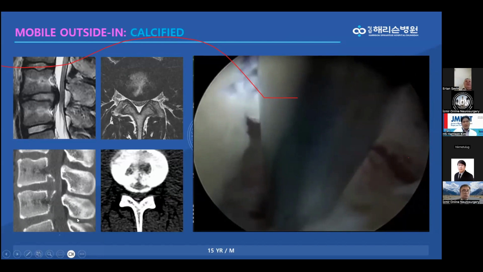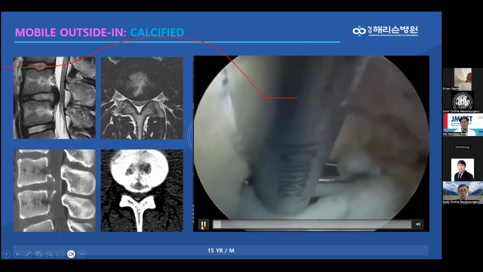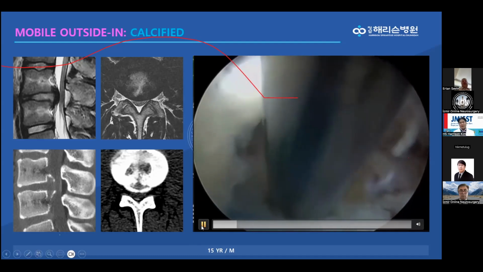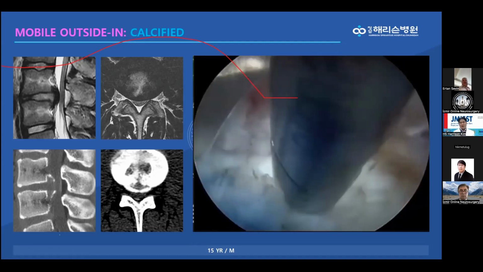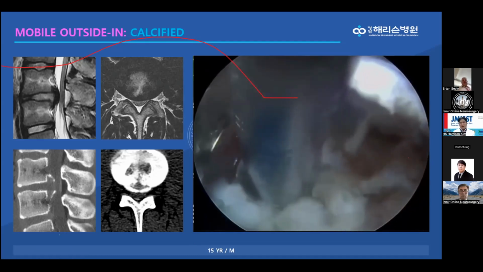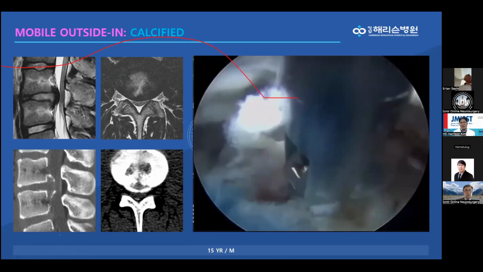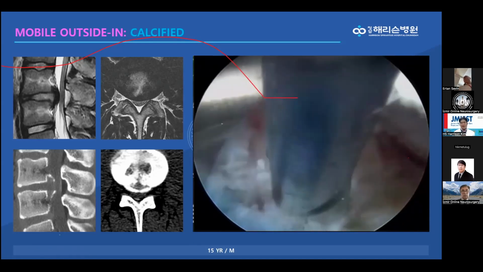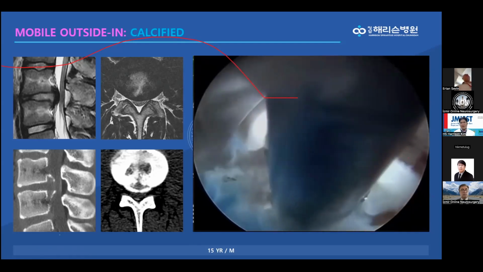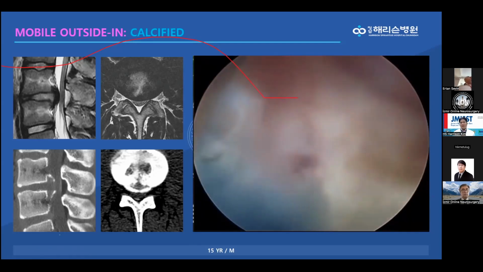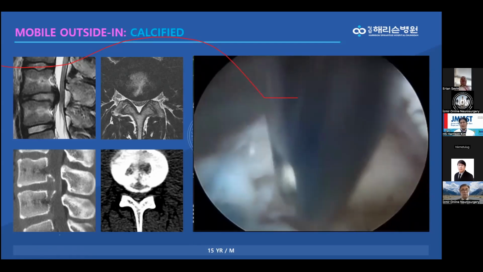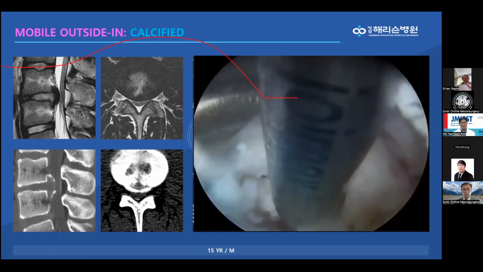But this patient is only 15 years old. If it is possible transforaminally using the mobile outside-in technique, I will show it. Dock the working channel at the Kambin triangle and mobilize the working channel to the calcified disc area, cutting this calcified bone with the punch and sometimes forceps. Then you can see this calcification.